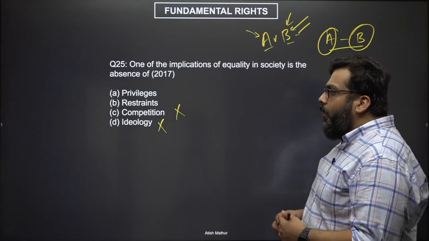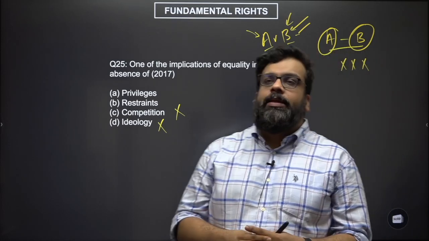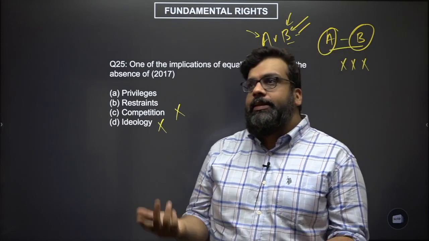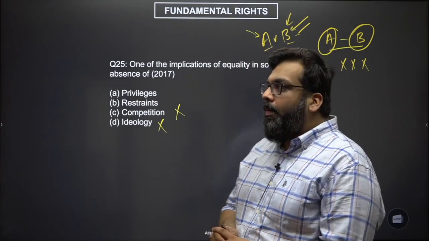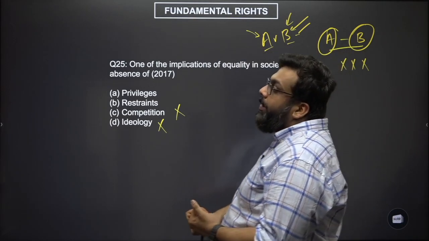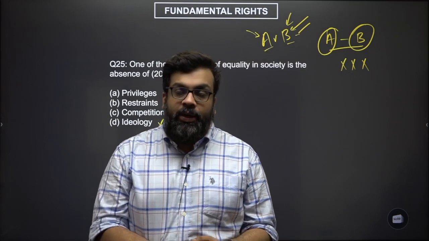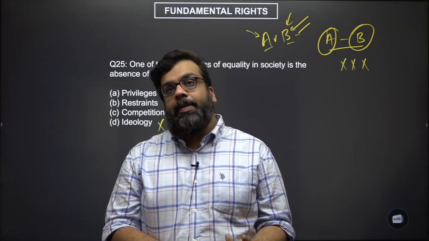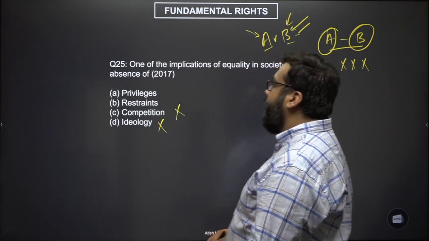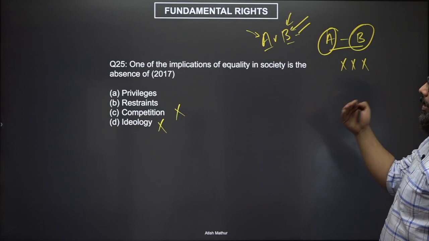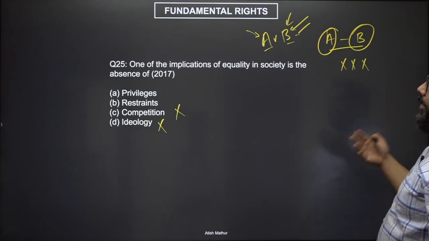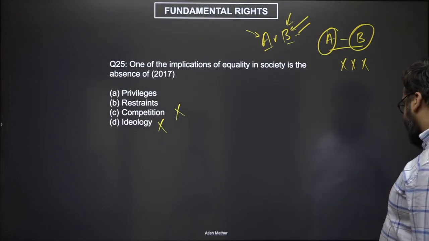No. When we restrict people from doing a certain kind of a job, from let us say employing child labor, are we putting people at a disadvantage? No. But for example, let us say somebody has a caste privilege. Does that necessarily make people unequal? Yeah, it does. So privileges is a problem. So if there are no privileges, there definitely is equality.